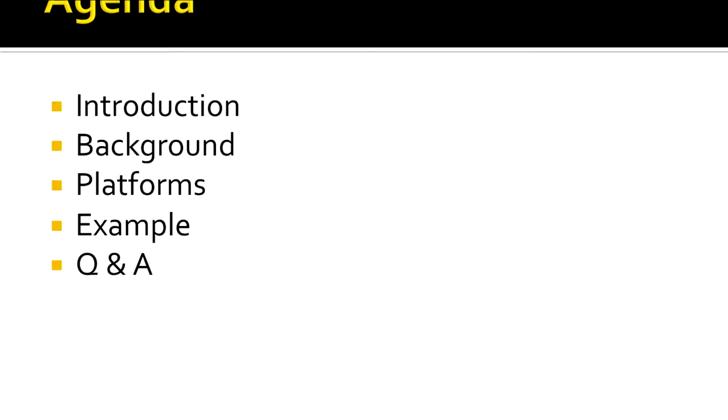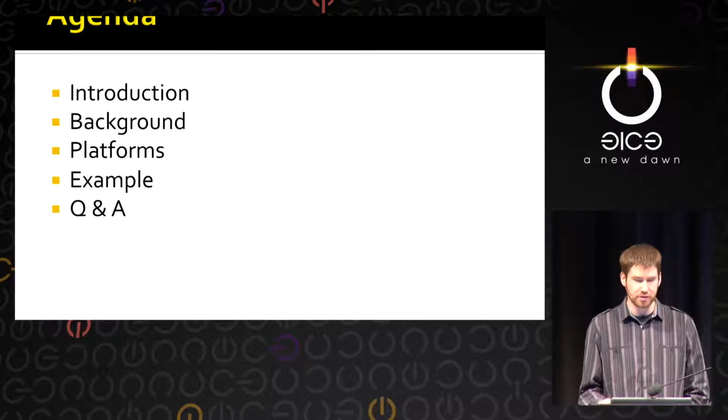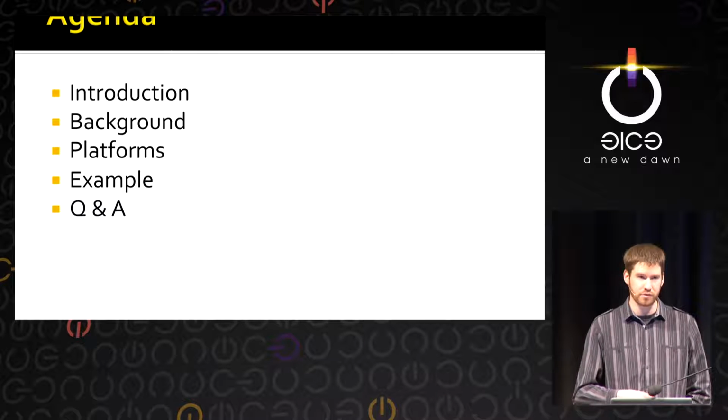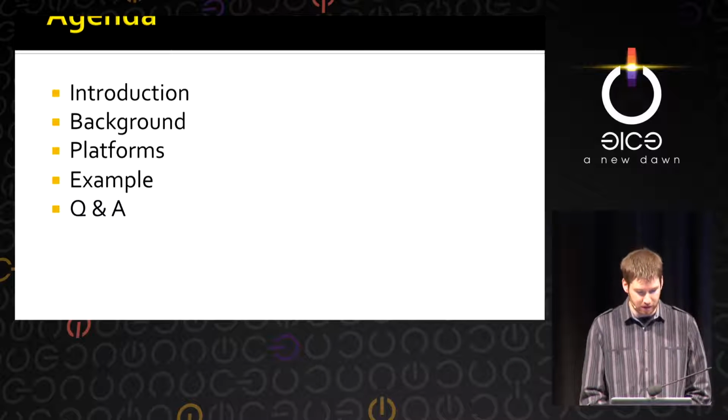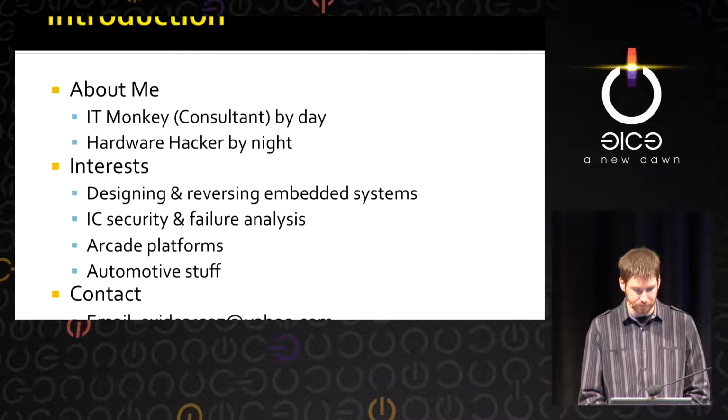Example will be a real-world example of a secure microcontroller where I was able to get some glitching results out of, and maybe some food for thought, some thoughts that you could carry forward on how you could approach some of your own chips, and then finally a Q&A section.